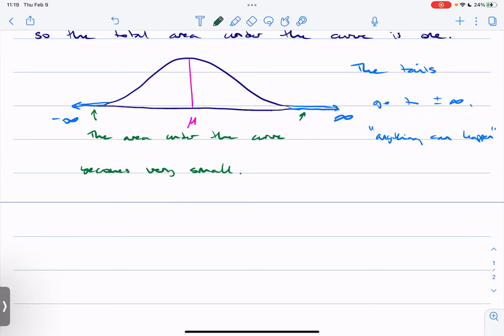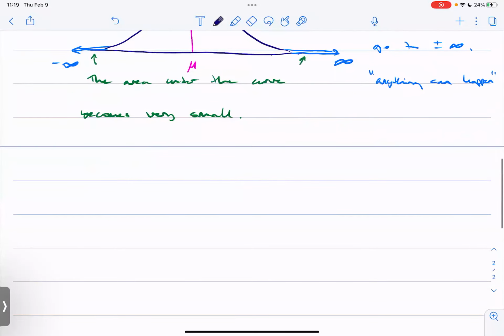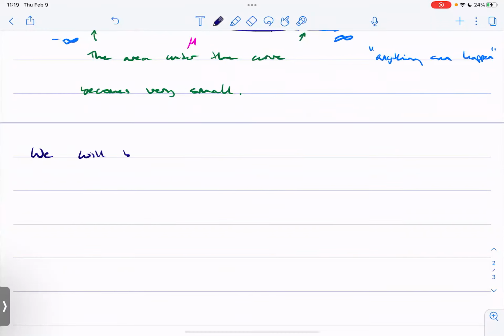So we're going to have some observation, and we're going to denote that observation by x. We're going to have some x that we're interested in, a probability that's associated with that x. We will be interested in an observation which we will denote by x, a lowercase x.